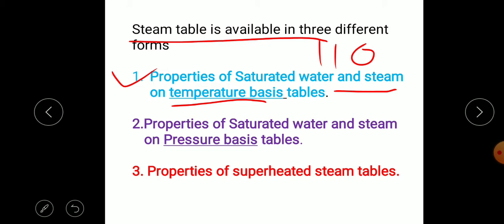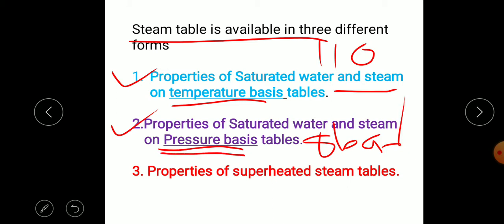The second form of the steam table is the properties of saturated water and steam on a pressure basis. Sometimes the pressure of the steam is given, suppose a saturation pressure of 8 bar. So the steam is at 8 bar, and we can find the properties at 8 bar from the table on the pressure basis.